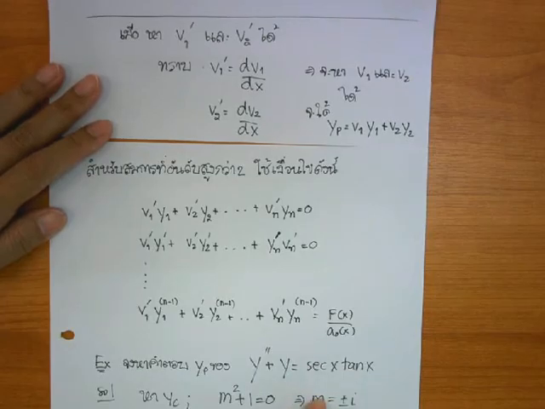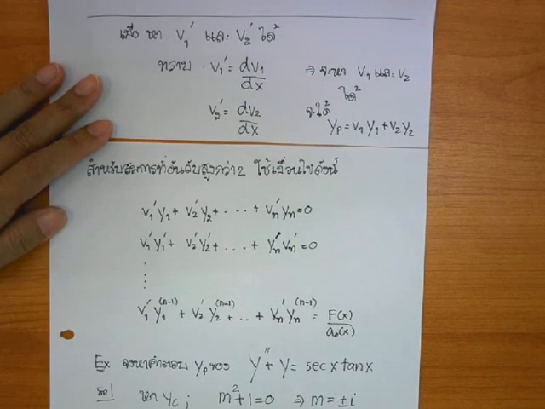But you can use the operator method, if your function can be separated into 2 terms. But this one you can't. So you've got a narrow choice for the method to find yp.